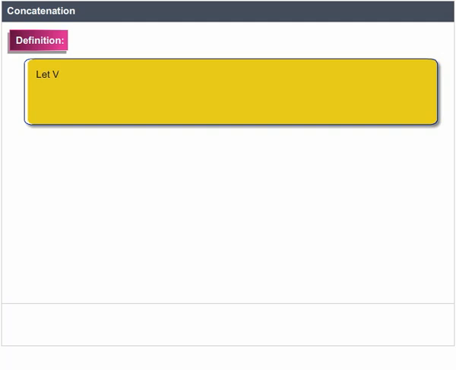Concatenation. Definition. Let V be a vocabulary and A and B be subsets of V star.